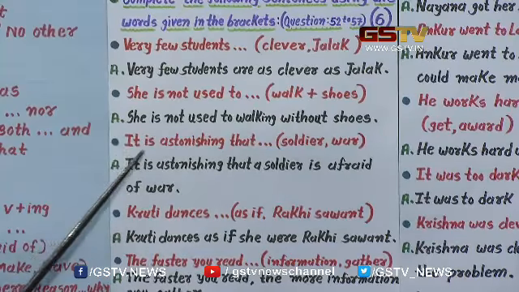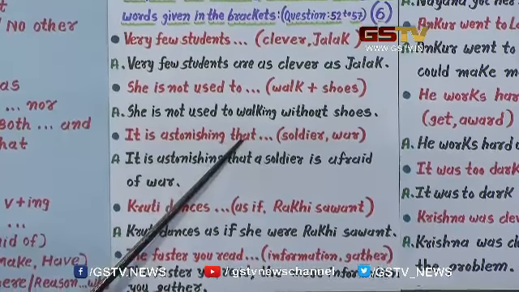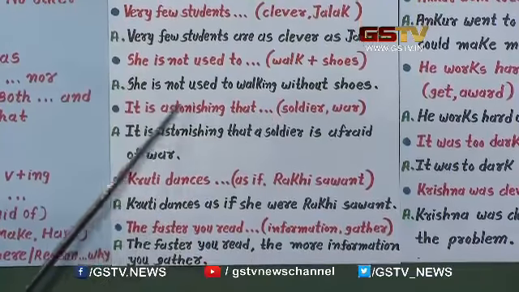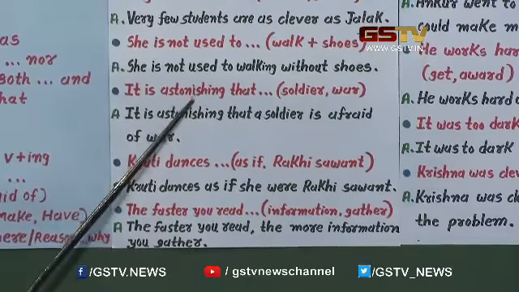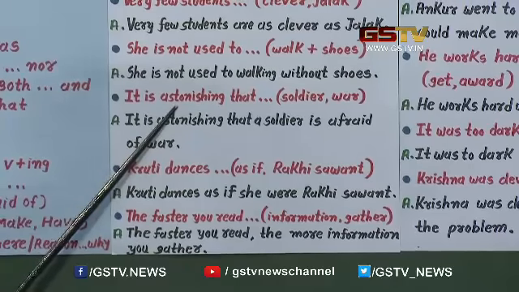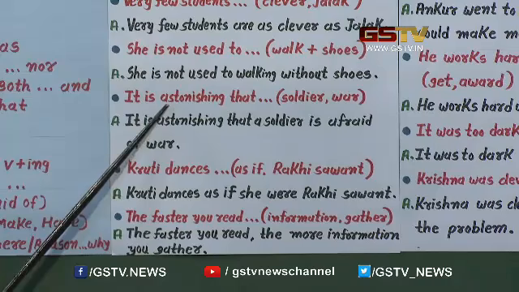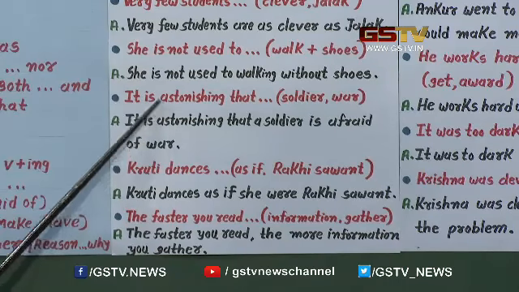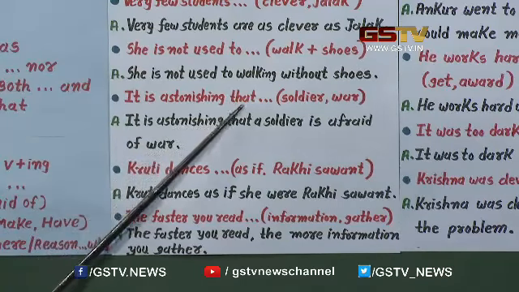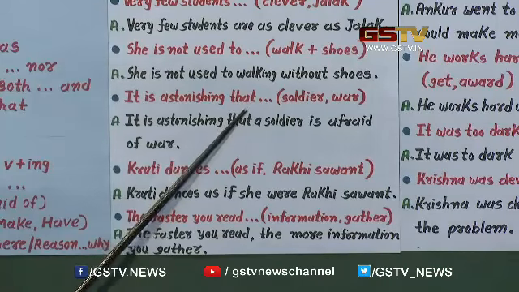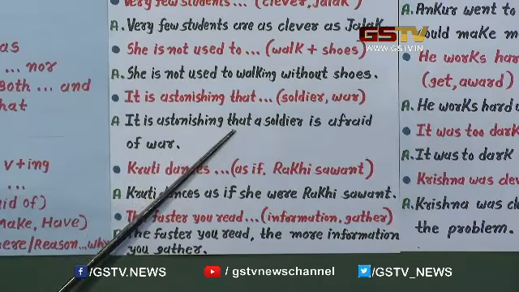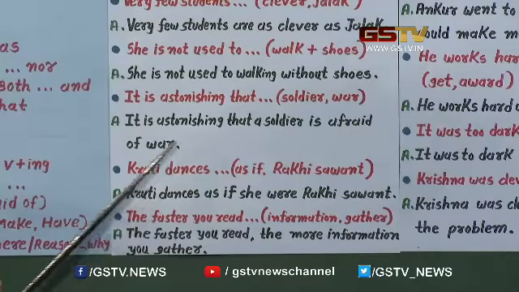Next one, it is astonishing that. Astonishing, a second term would be surprising, it is shocking, it is amazing, it is startling, any word could be there. It is astonishing that. Now, how do you complete it? It is astonishing that a soldier is afraid of war.